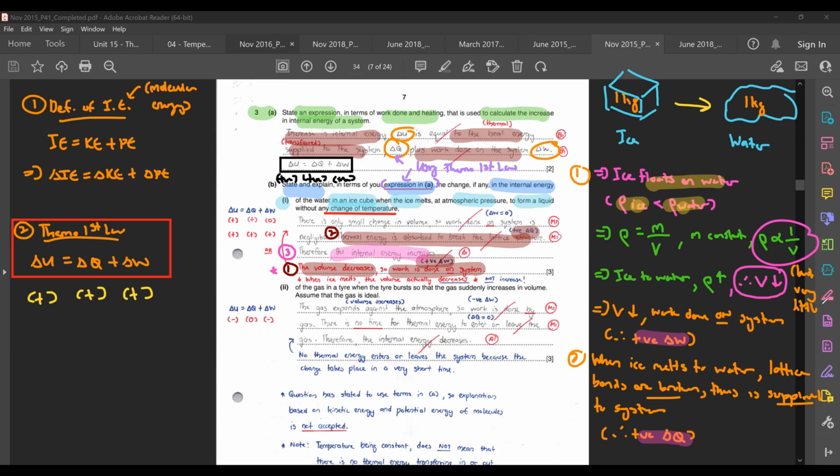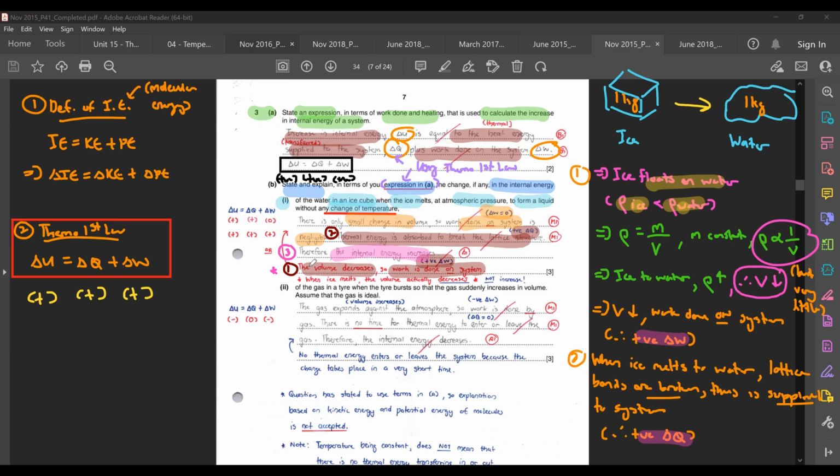There's a very little decrease in volume. So sometimes the marking scheme will also accept you saying that the volume change is too little, so work done on system is negligible. This would mean delta W is 0.